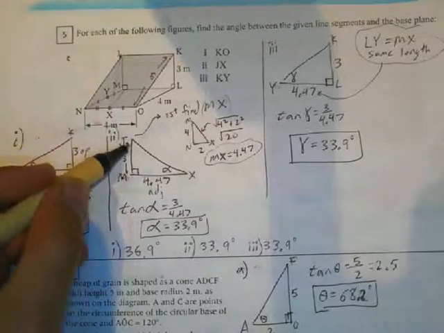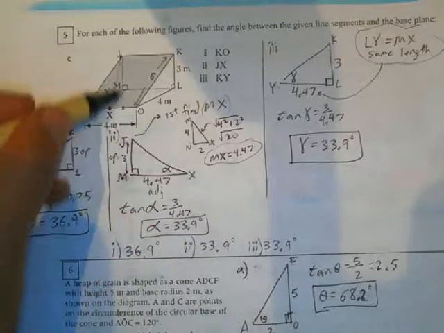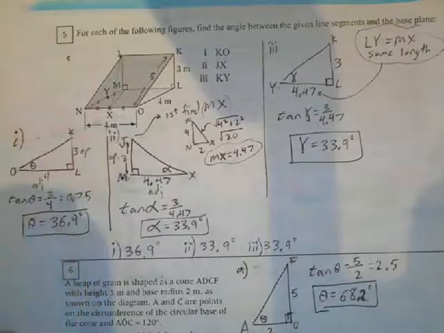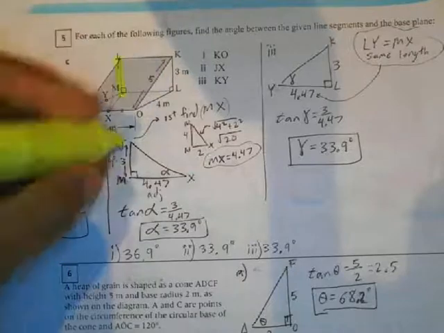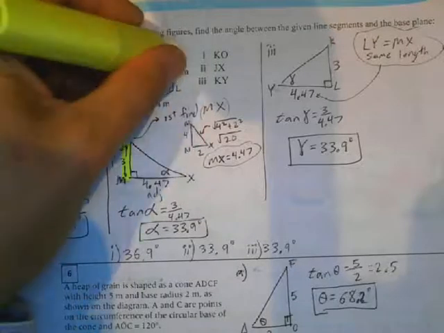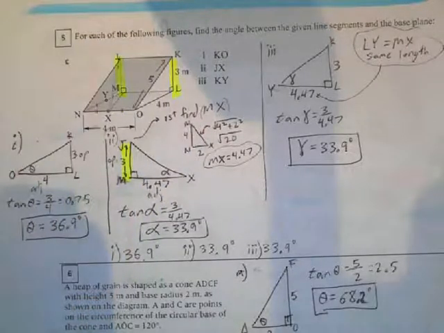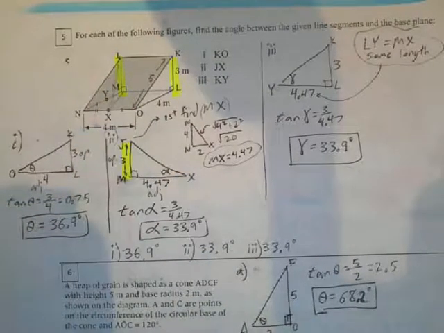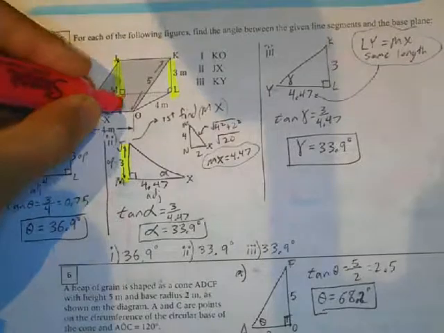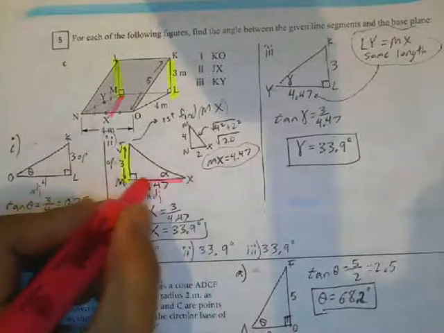Well, we know the height. We know that JM is 3, right? And from there to there is 3, right? And I need this length from M to X. So from M to X, I need to figure that out first.